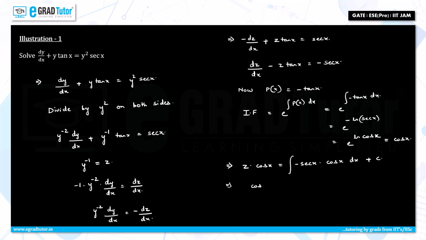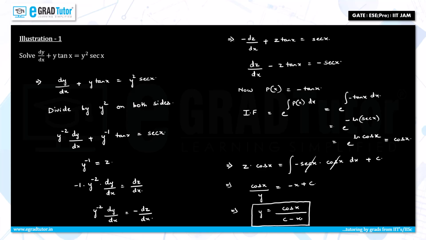So cos x by y is equal to -x plus c. This implies y is equal to cos x by (c - x). This is the general solution.